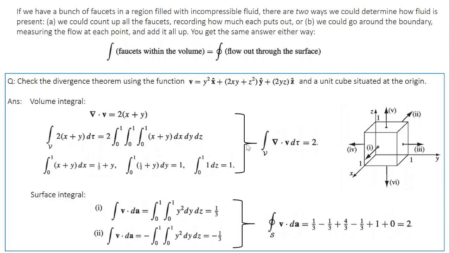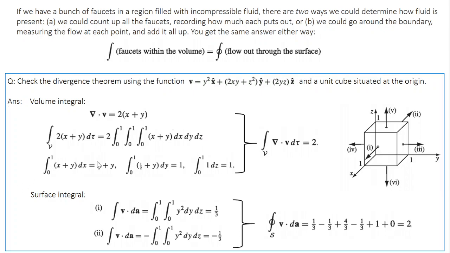Let's compute the left hand side first, the volume integral of divergence of v d tau. The divergence of v is equal to 2x plus 1. Since this is a unit cube, the limiting values for x, y, z are 0 to 1, and the volume element d tau is dx dy dz.